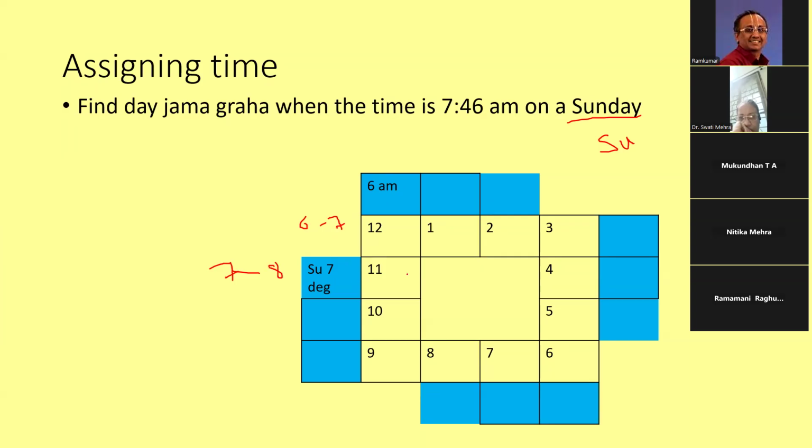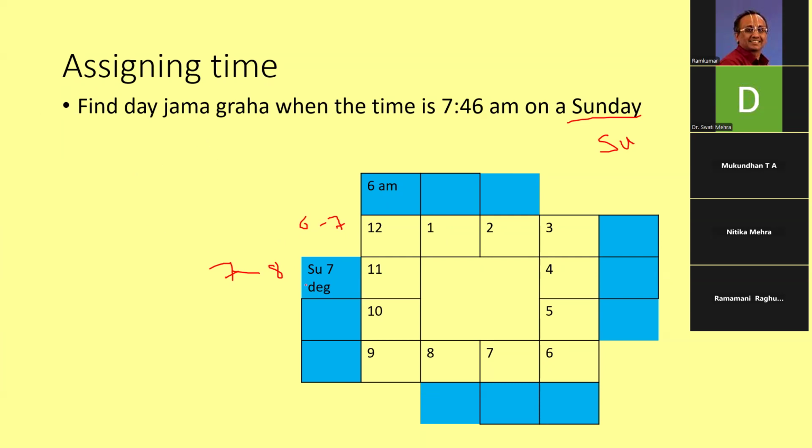Right? That I didn't know. So that is the diagram which we just asked Mukundan to share in the class. He'll share that, which we just saw. With that diagram, that's how it works.